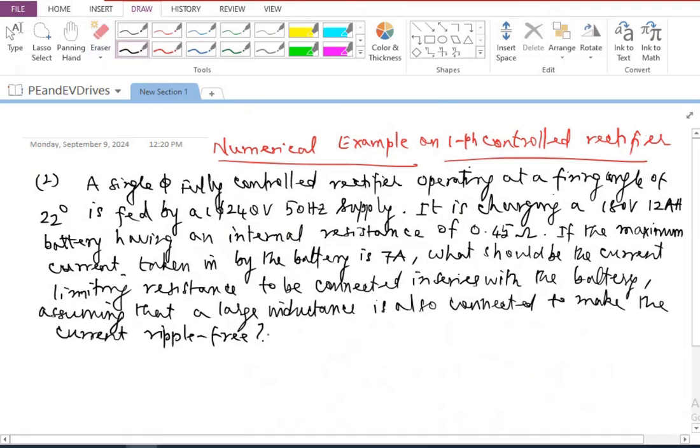Okay. So the first thing that is asked is what should be the current limiting resistance value.